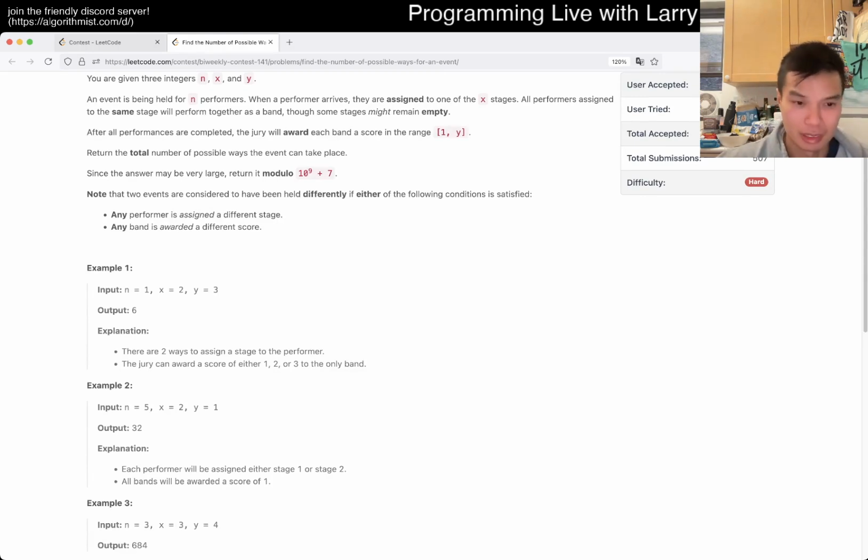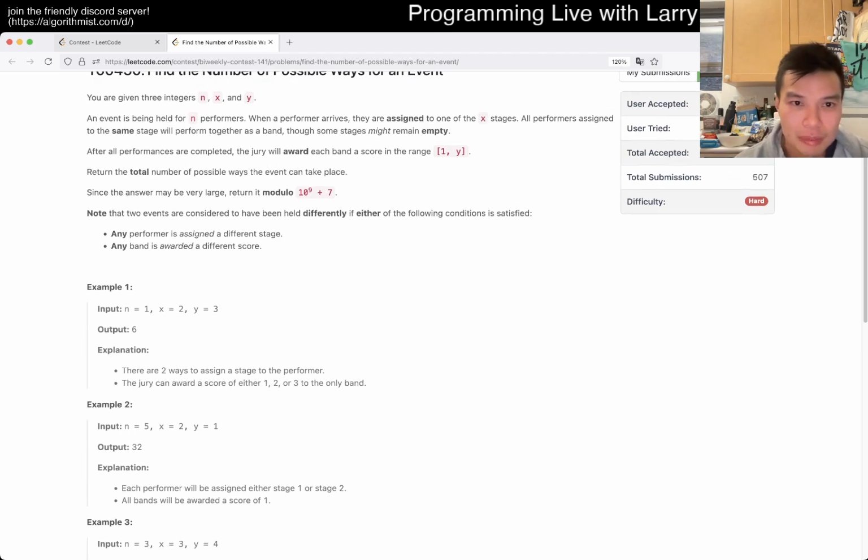I think my eyes are not sensitive enough. Okay, so 1, 2, 3 means that... What does that mean? The score. Any band is what it is. 2 ways to assign a stage to the performer. Oh, the event can take place. So each person can.